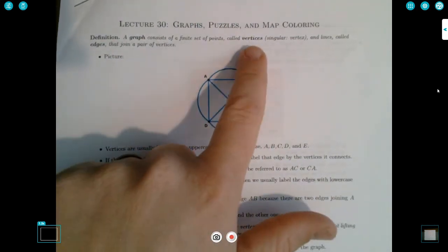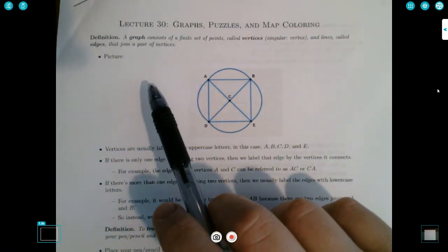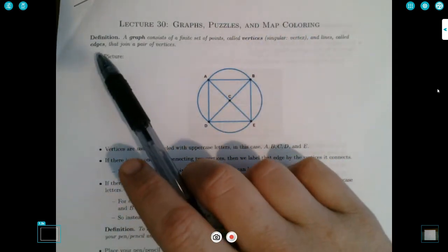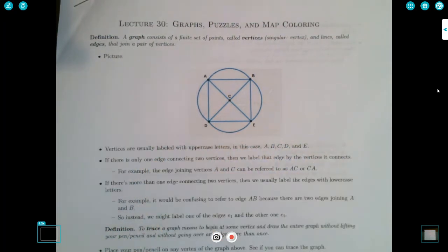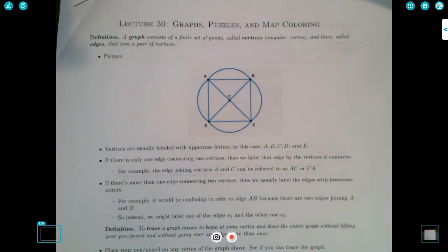Okay, so it's made up of vertices and edges. You can have a vertex with no edges coming out of it, but you can't have any edges without vertices, right? The edges always have to join a pair of vertices. So that's kind of the rule that we set for ourselves with graphs. Anyway, so this would be a picture of a graph.